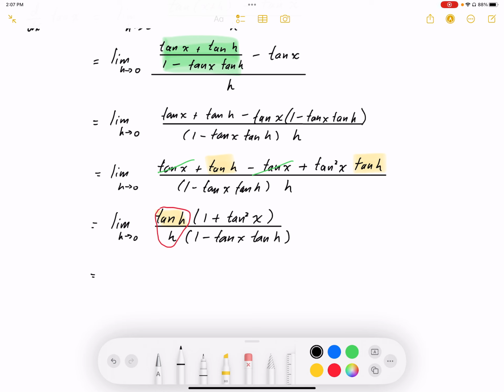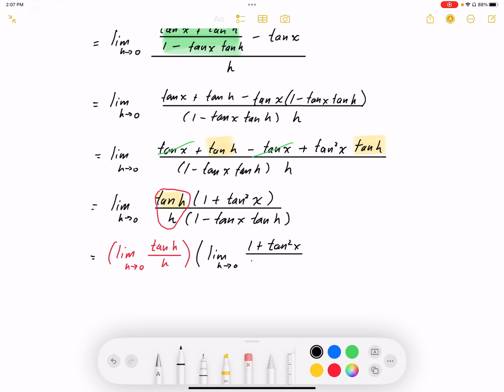So I'm going to end up with the limit as h approaches 0 of tan h over h, okay, and that's going to end up being equal to 1, and I have the limit as h approaches 0 of 1 plus tan squared x. Well, that's the same as secant squared, and in the denominator I'm going to have 1 minus tan x times tan of h.